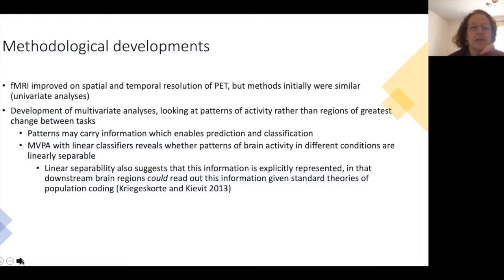And so the early univariate analyses have been largely displaced by multivariate analyses that look at patterns of activity rather than regions of change between different cognitive tasks. And in particular, machine learning methods have been co-opted to try to both understand the patterns and help in predicting and classifying different patterns that are seen in different cognitive tasks.